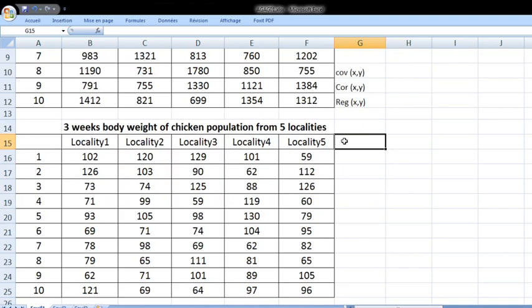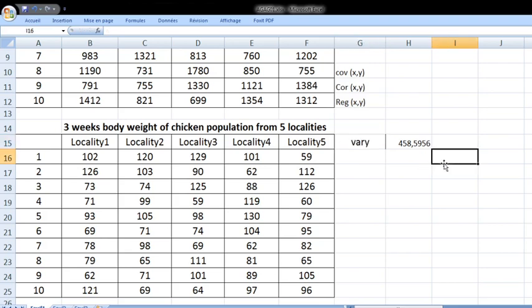So variance of y equal variance of the population, then the beginning of the data range, then colon, then the end of the data range, then I close it, and then I have my variance for the mean body weight at 3 weeks. I'll call it variance y.